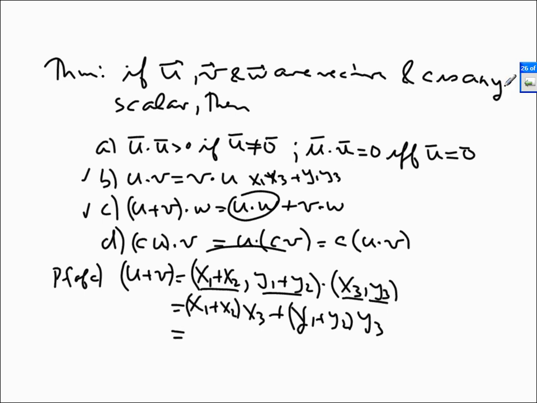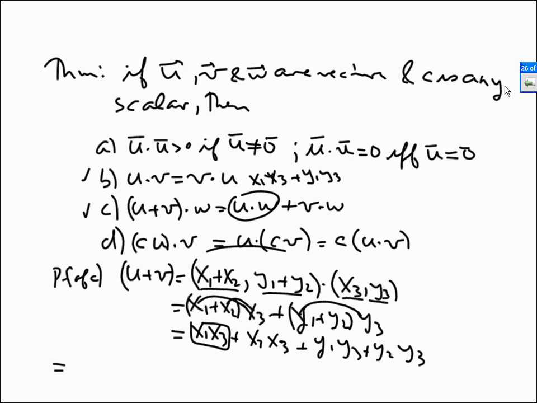So I distribute. I get x1, x3 plus x2, x3 plus y1, y3 plus y2, y3. But this is x1, x3 plus y1, y3.